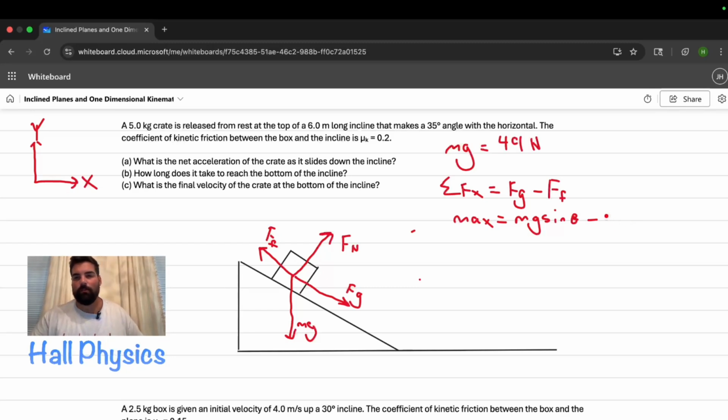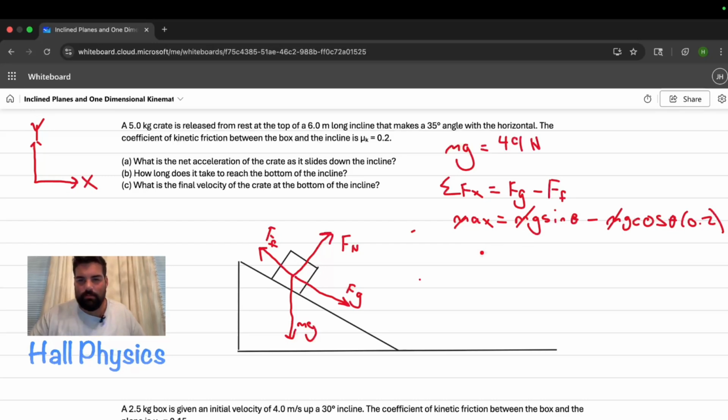But remember, our normal force is equal to mg cosine theta times 0.2, that's the coefficient of friction that's given. So one thing we can do, we can just go ahead and cross out all of these mass variables.